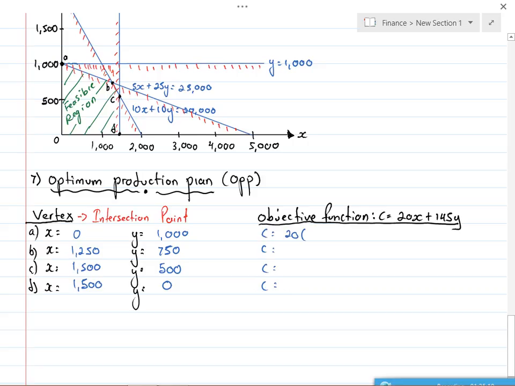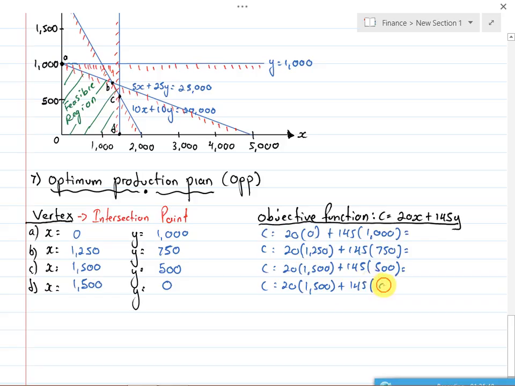0 plus 145 times 1000. How much? 20 times 1250 plus 145 times 750. 20 times 1500 plus 145 times 500. And 20 times 1500 plus 145 times 0. So here it's going to be 145,000. Here it's going to be 133,750.